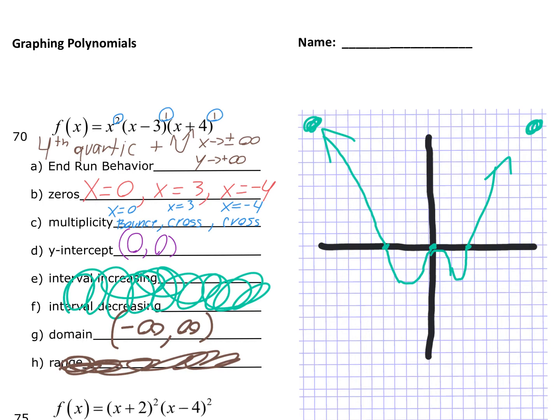Well, I know that I'm starting in quadrant 2, and I know that I'm ending in quadrant 1. I know that my zeros are at -4, 0, and 3, and I know what behavior happens at each one, a cross, a bounce, and a cross. But there's nothing here that gives me immediate information as to what happens down here.